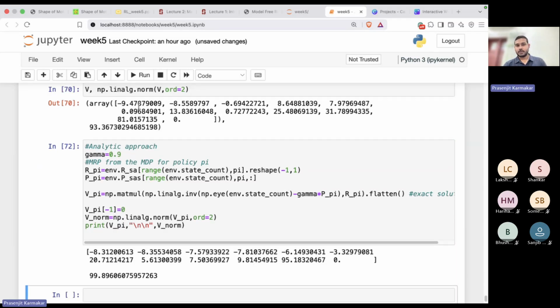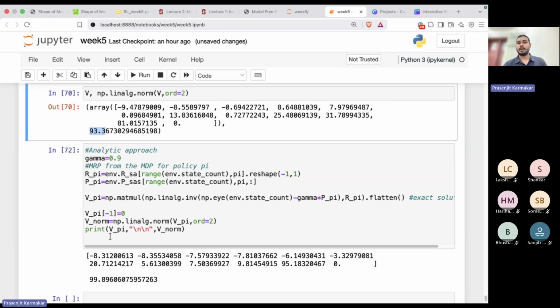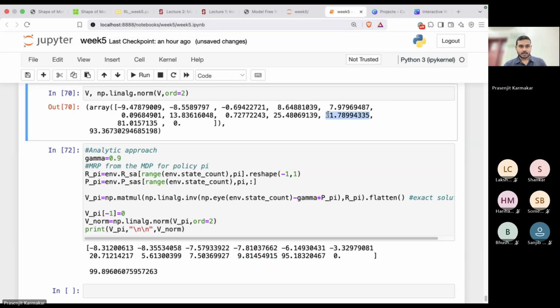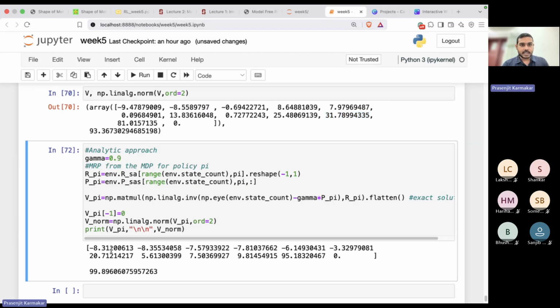With the interaction method, we are at 93. With the exact method, where we need to know everything about the world, we are at 99. And we can compare it: instead of 95, we have 93. Instead of 9.8, we have minus 8.31, minus 9 point something.